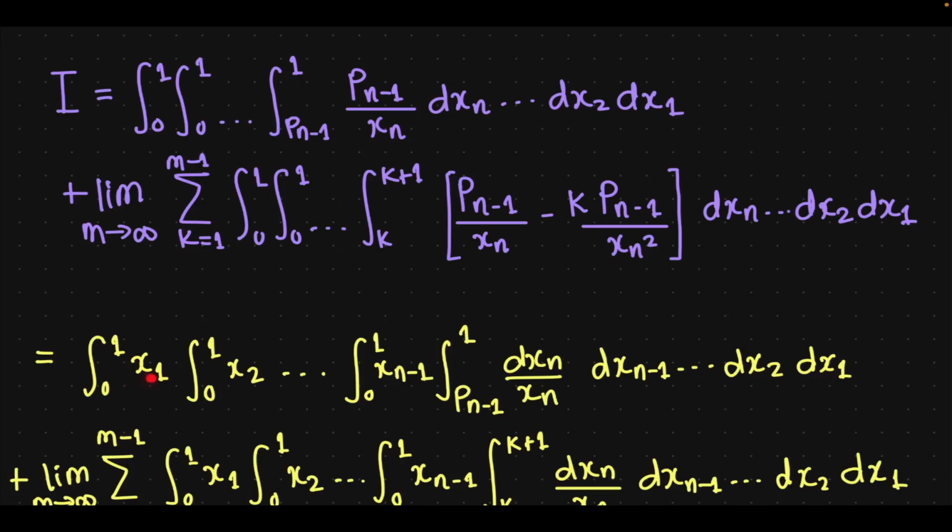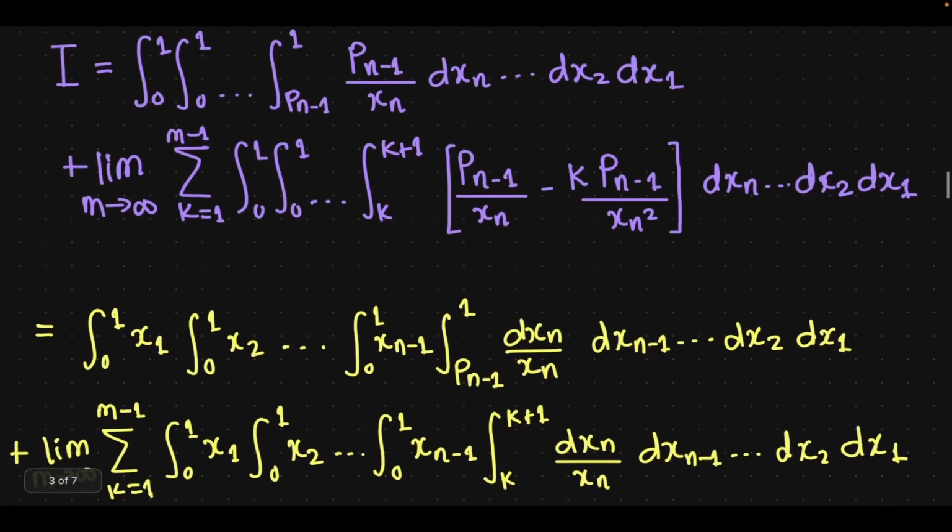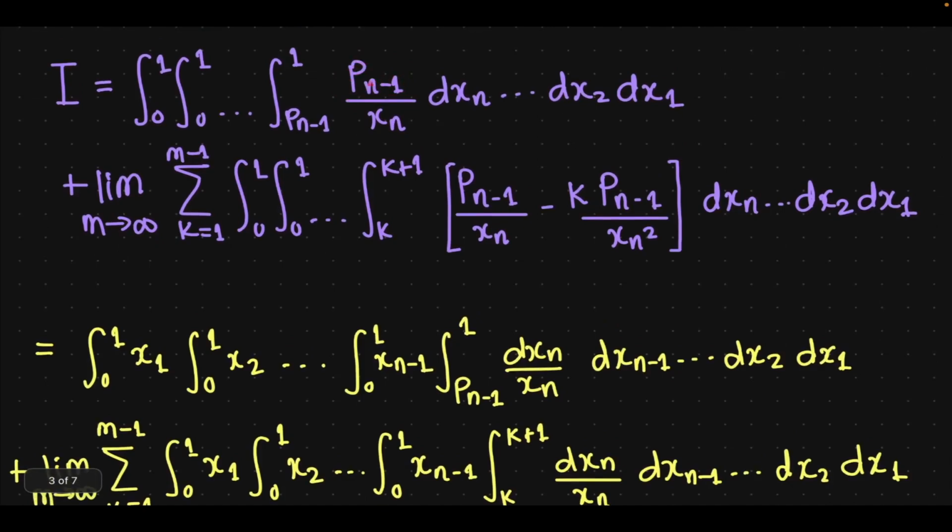The next term in Pn minus 1 was x2, so I'm going to write that under the x2 integral. And the last term was xn minus 1, which I'm going to write under the xn minus 1 integral like that. And then finally we just have the usual nth integral. But now the Pn got distributed among its individual integrals, so we just have the dxn, the differential, divided by xn, which was the only variable remaining.